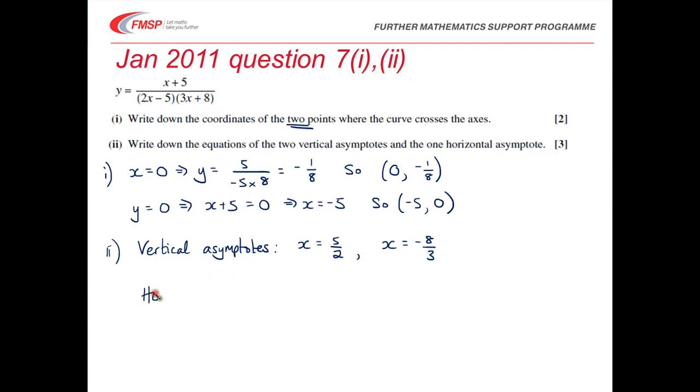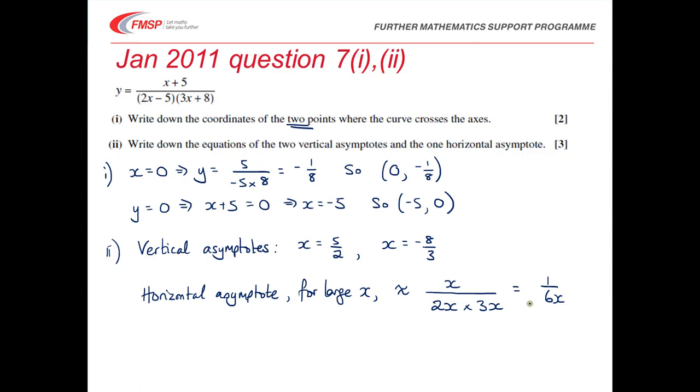For the horizontal asymptote, we need to think about what happens for large x. So for large x, y is approximately equal to x over 2x times 3x. Well, the plus 5 isn't going to make any difference if x is really big. I'm just ignoring the numbers, and that works out to be 1 over 6x.